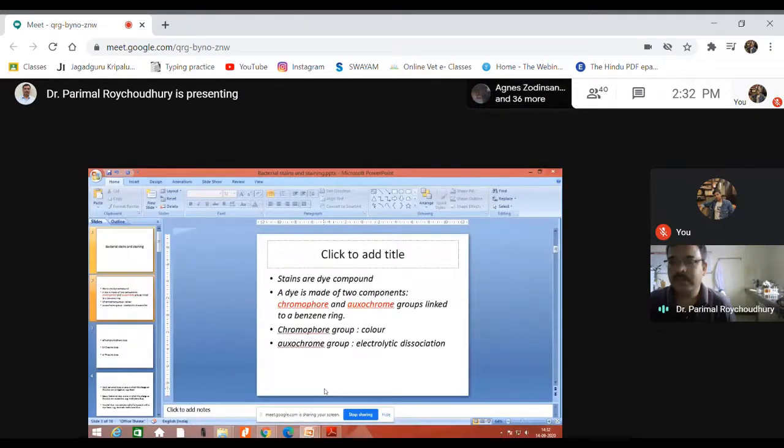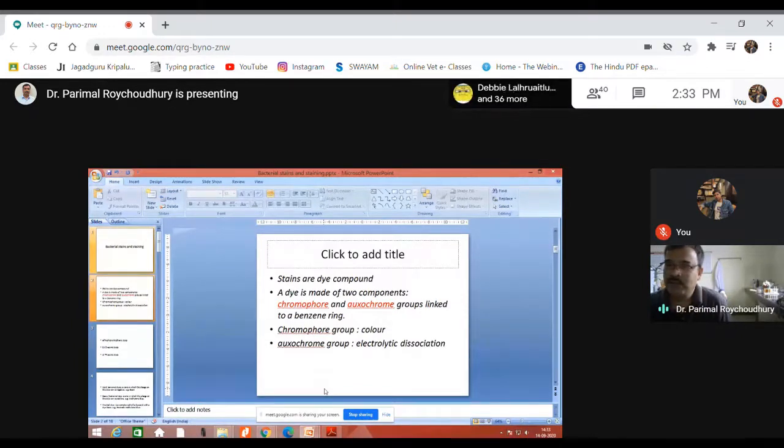Before going to the techniques, let us first understand what these stains are and how we can impart the color. It's not that every type of color available with us can be used to stain a bacteria. We apply paint on the wall, we paint on canvases.